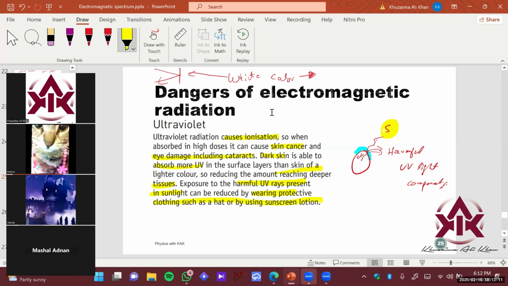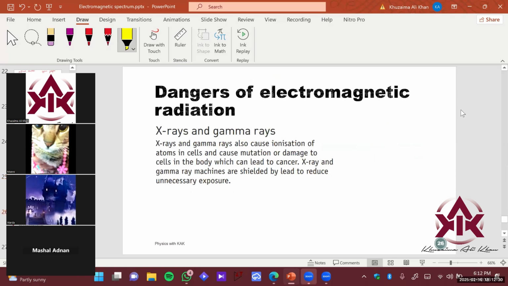Overexposure of UV light can create abnormality in your cells, and if a cell acts abnormally, that is cancer, right? And how can you protect yourself? As a precaution, wear a hat, cover your body, or if you're taking a sun bath, use sunscreen.